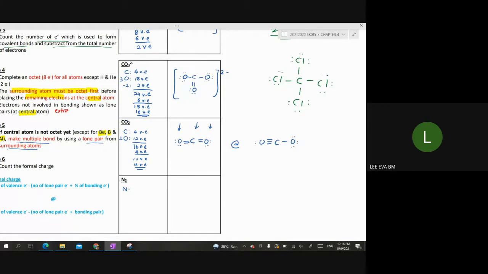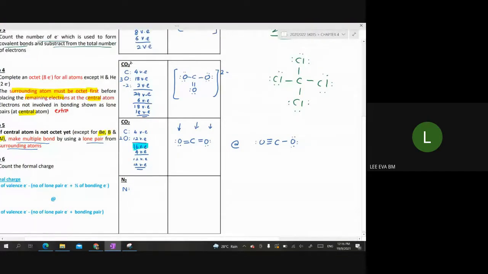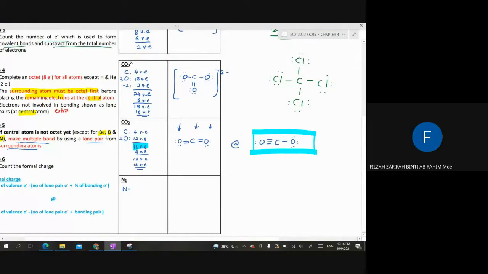Okay, try to check the overall electron is still 16 or not. Nah, tadi 16 kan yang overall dekat sini. Check dekat structure ini, ada tak saya punya elektron masih 16 lagi? Yes. Is my oxygen octet? Yes.